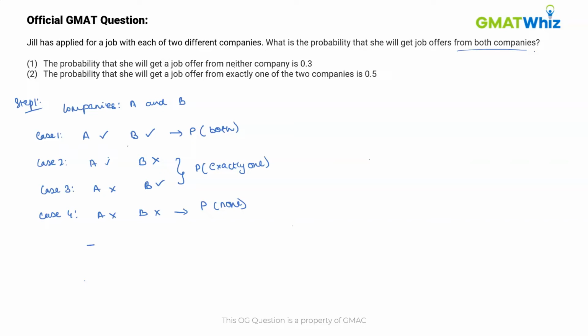Now, we know that the total probability is equal to 1. So, from the cases, we can write that the probability that she gets a job offer from both the companies plus the probability that she gets a job offer from exactly one of the companies plus the probability that she gets a job offer from none of the companies equals 1.